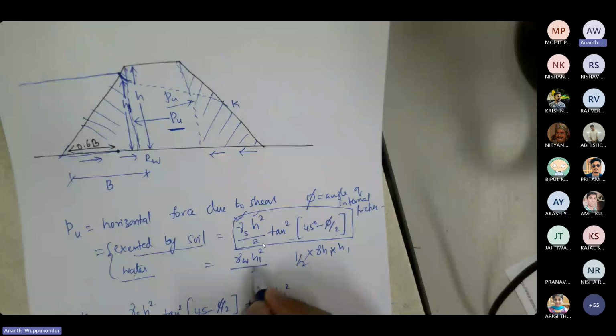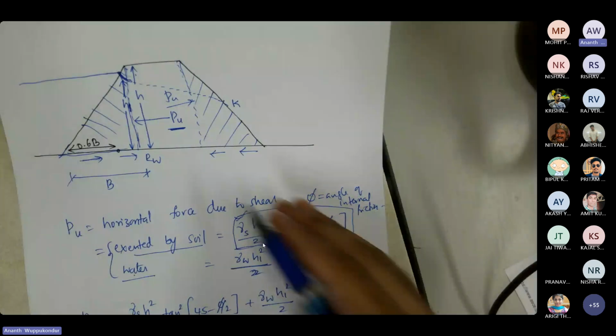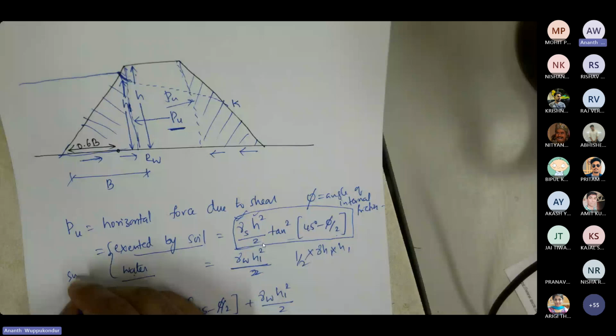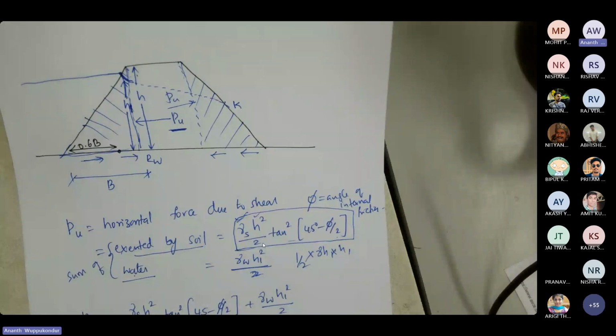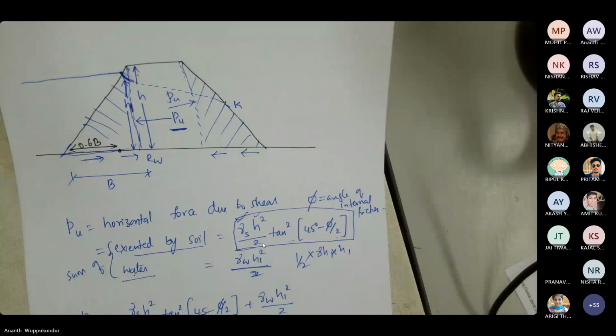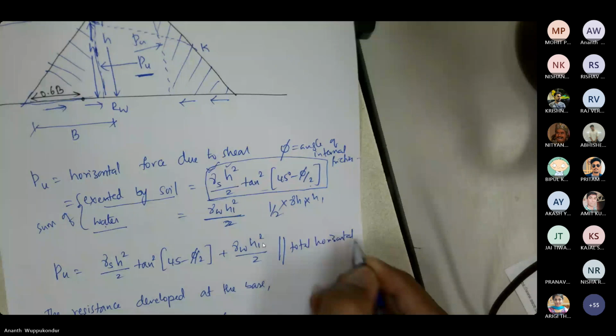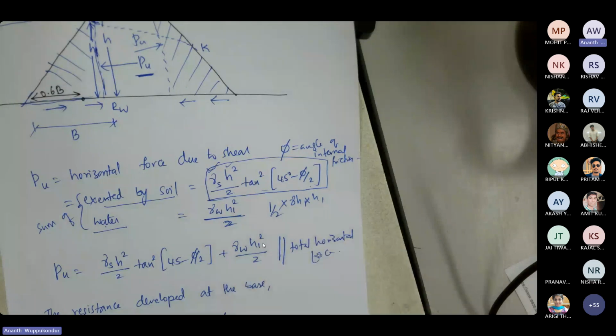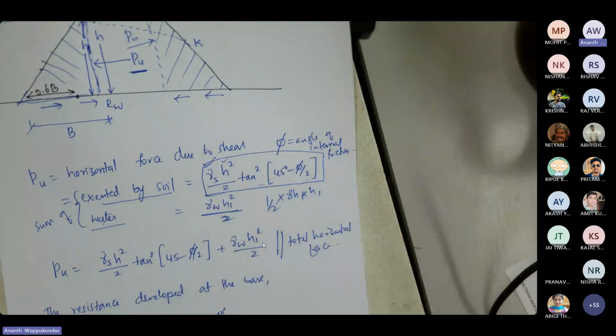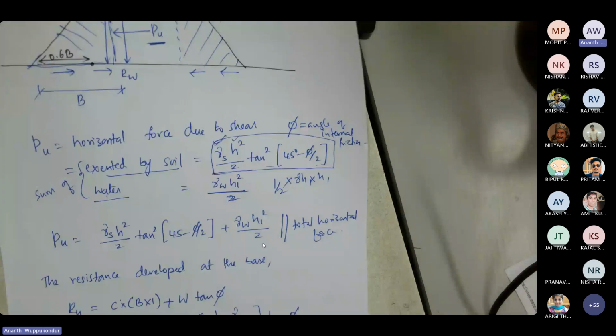So the horizontal force is a sum of these two components, which is the horizontal force exerted by the soil and also the horizontal force exerted by the water column. So this is the total horizontal force that is trying to destabilize the dam, and that has to be resisted by the shear that is developed at the base.